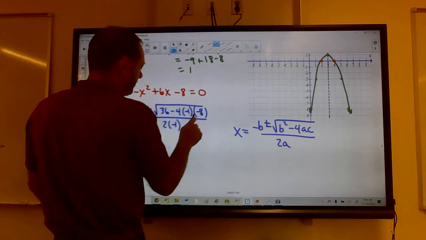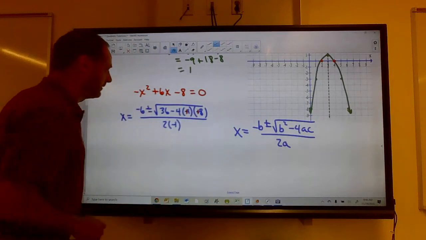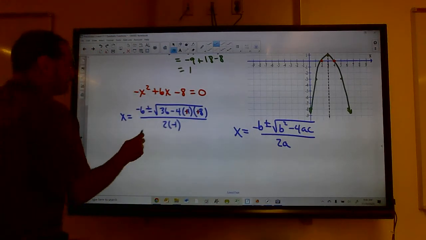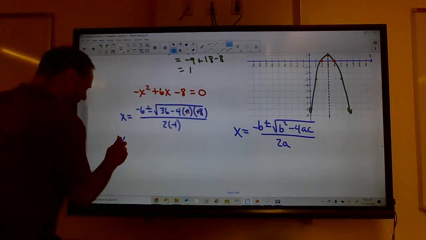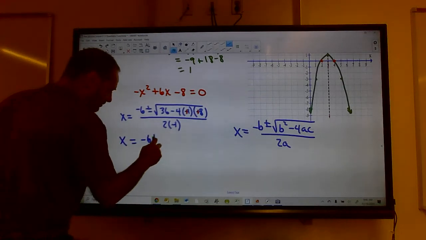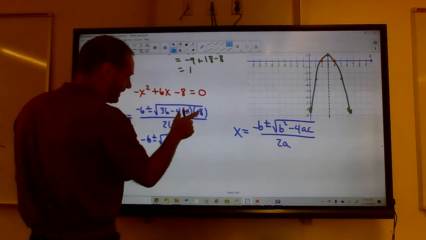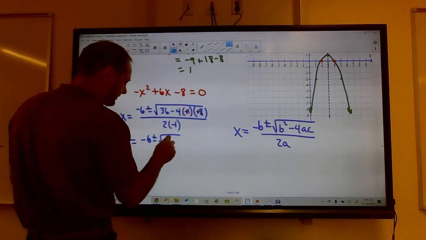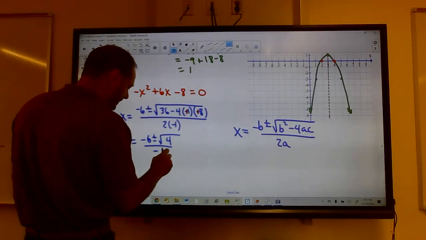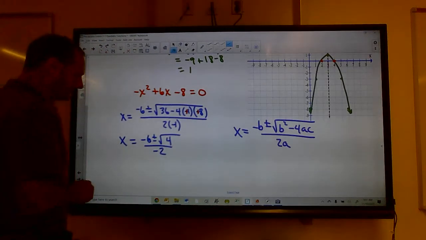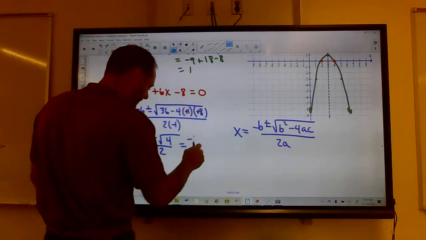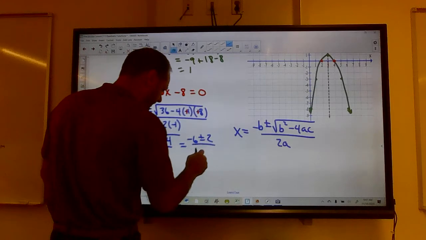Now if I look in here, those two negatives cancel. I get x equals negative 6 plus or minus the square root of 36 minus 32. 8 times 4 is 32. So that's going to be square root of 4 all over negative 2. Square root of 4 is 2, so this is negative 6 plus or minus 2 over negative 2.